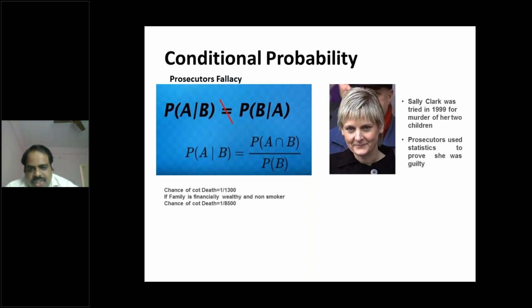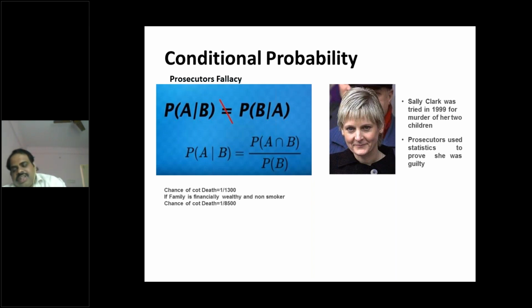But unfortunately for her, her second child also died of a similar reason. When the second one died, they suspected that she had killed both the babies. She was tried in court, and the doctor, who was an expert in the matter, used statistics and probability to prove that she had committed the crime.